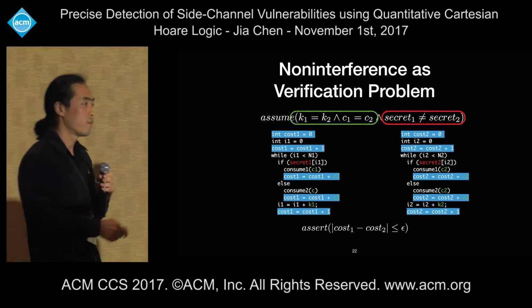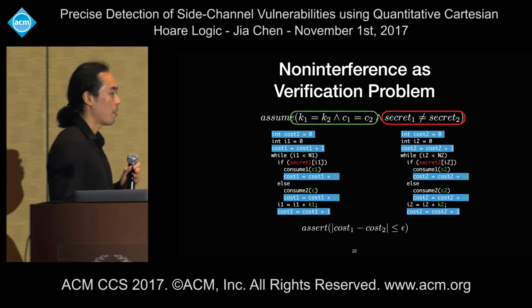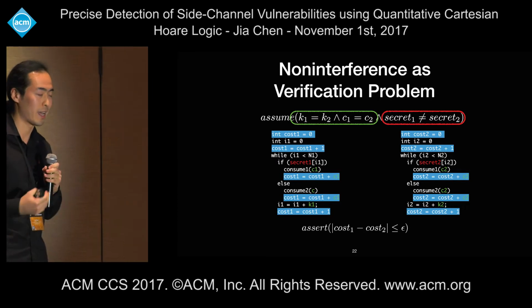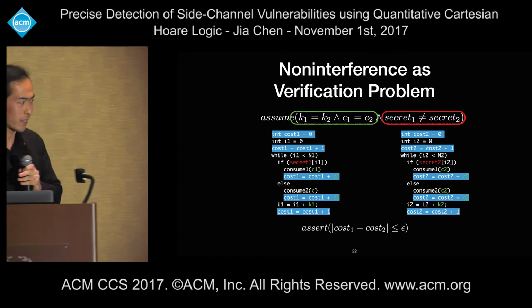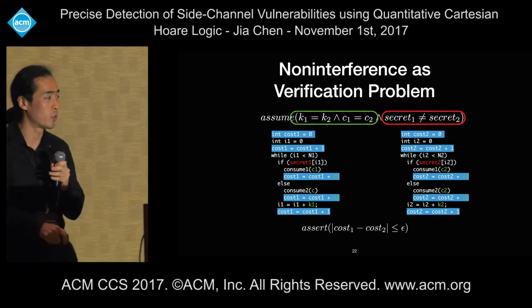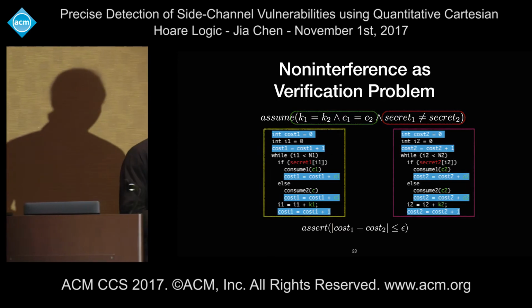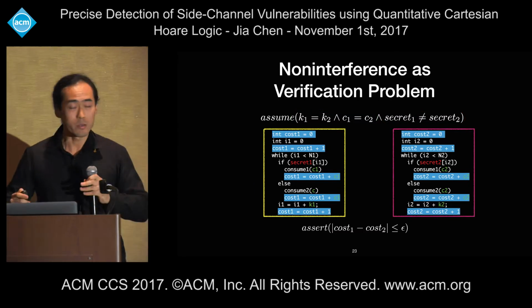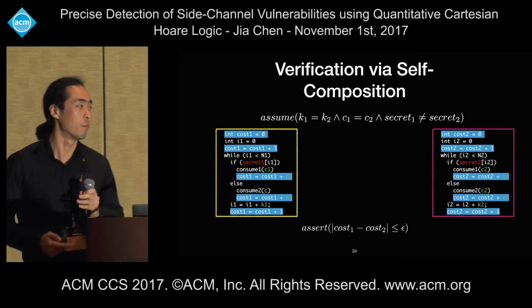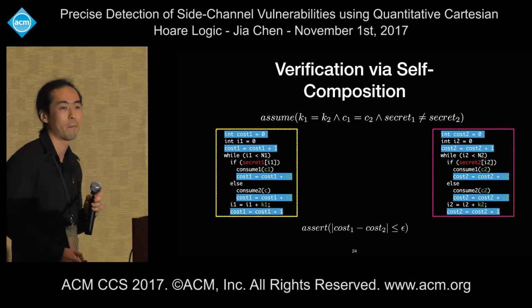Okay, so this formalization of the problem is extremely similar to a standard software verification problem, except that the standard verifier would only reason about one program instead of two different executions of the same program. To bridge that gap, the most naive thing one could do is to just merge those two programs and create a new program.